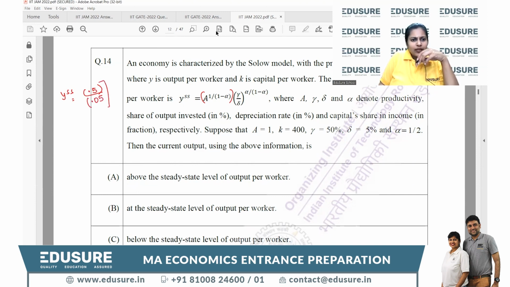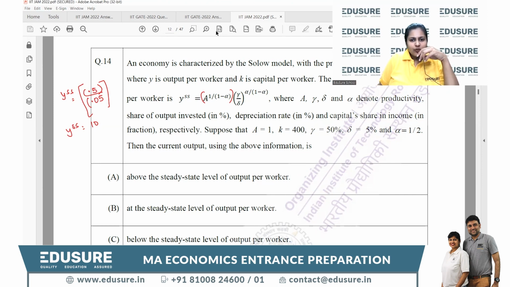And then this whole thing is going to be to the power half by 1 minus half. So half by half is 1. So this is going to be 0.5 by 0.05. So YSS is going to be basically 50 by 5, which is going to be 10. So the current output is what? YSS is the steady state level of output.